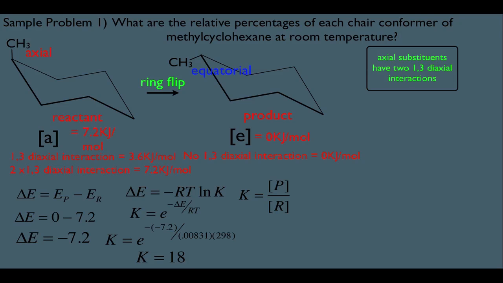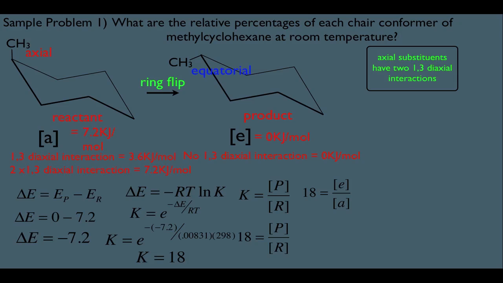Remember, this equation says that KEQ is technically products over reactants. Well, we happened to solve for K in the previous calculation, so that means 18 is equal to the amount of products over the amount of reactants at equilibrium. And for our situation, the amount of product is the amount of conformations that have the methyl equatorial divided by our reactant, which is the amount of conformations that have the methyl axial.